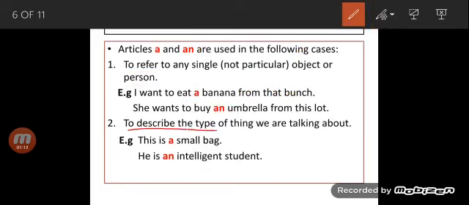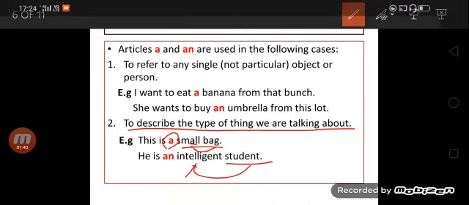Second is to describe the type of thing we are talking about. So when we describe a noun, at that time we use articles a and an. For example, this is a small bag. So here bag is described to be small. He is an intelligent student.